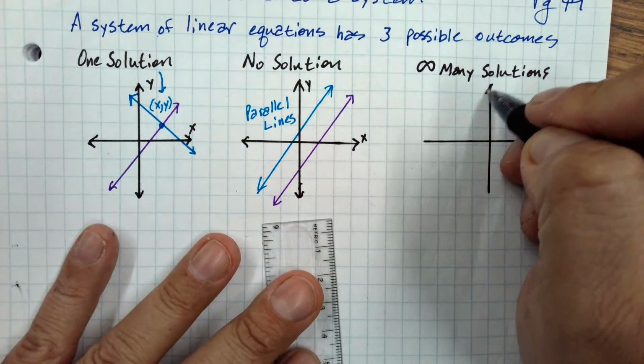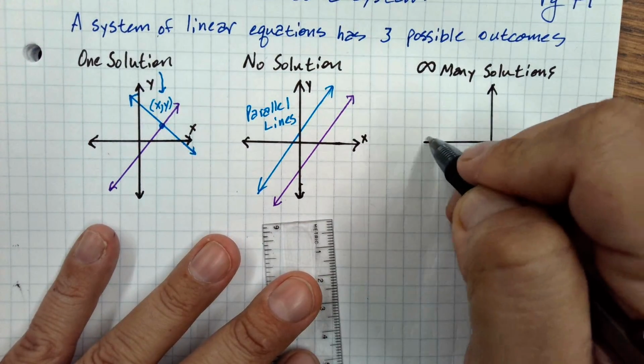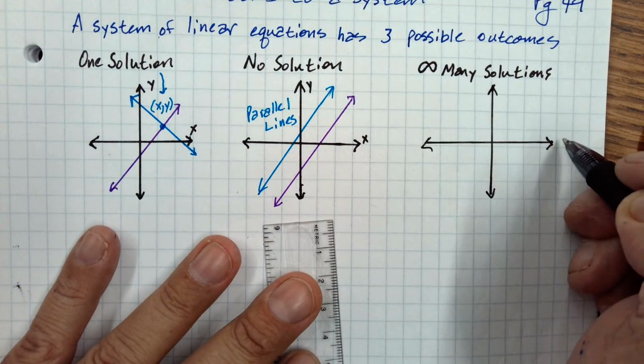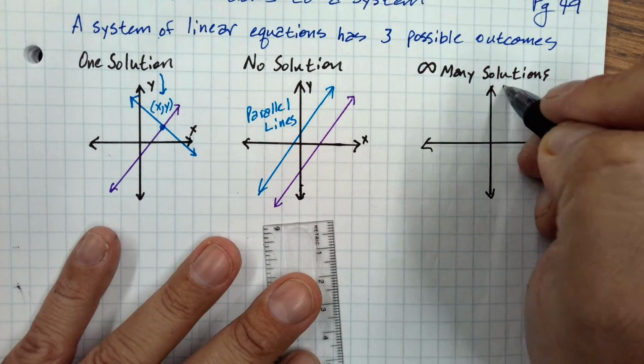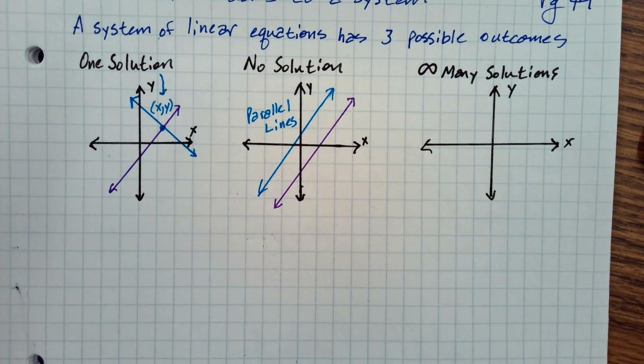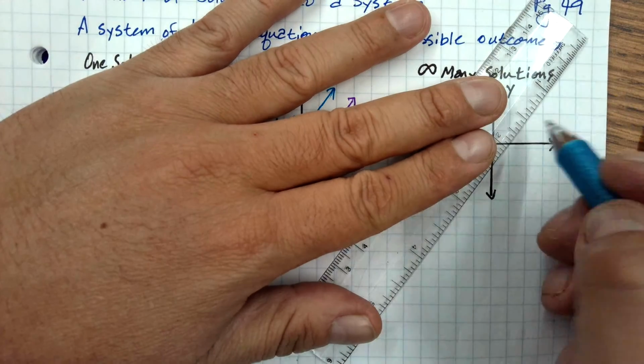Same slope, same y-intercept. So let's say I have a line doing something like this.